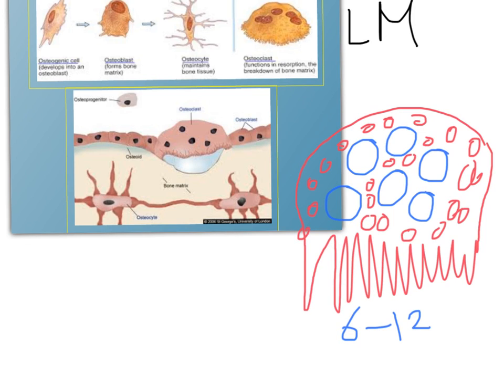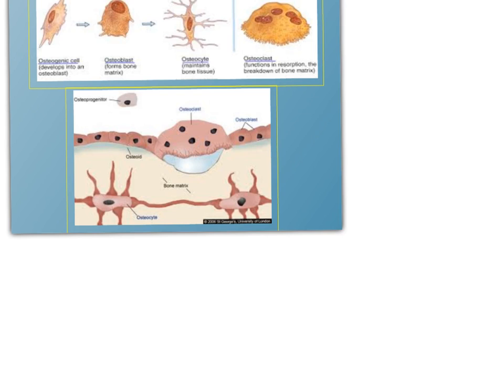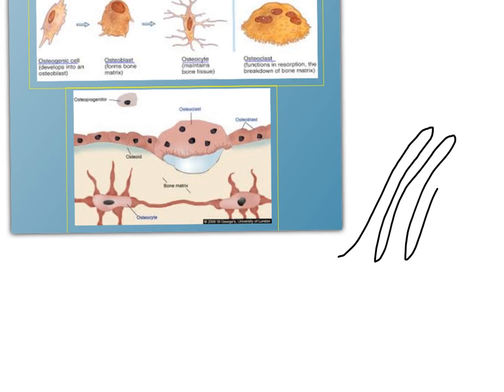Then as regards the EM picture, here you can mention that it has a border which is ruffled. This irregular border, which is called brush border in the light microscope, is called a ruffled surface, which shows microvilli, small fingers.